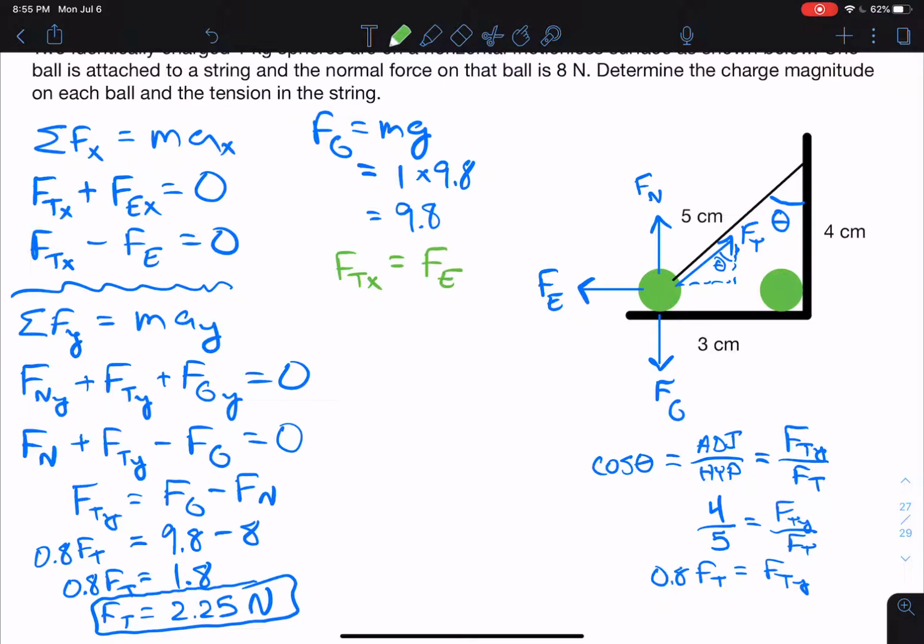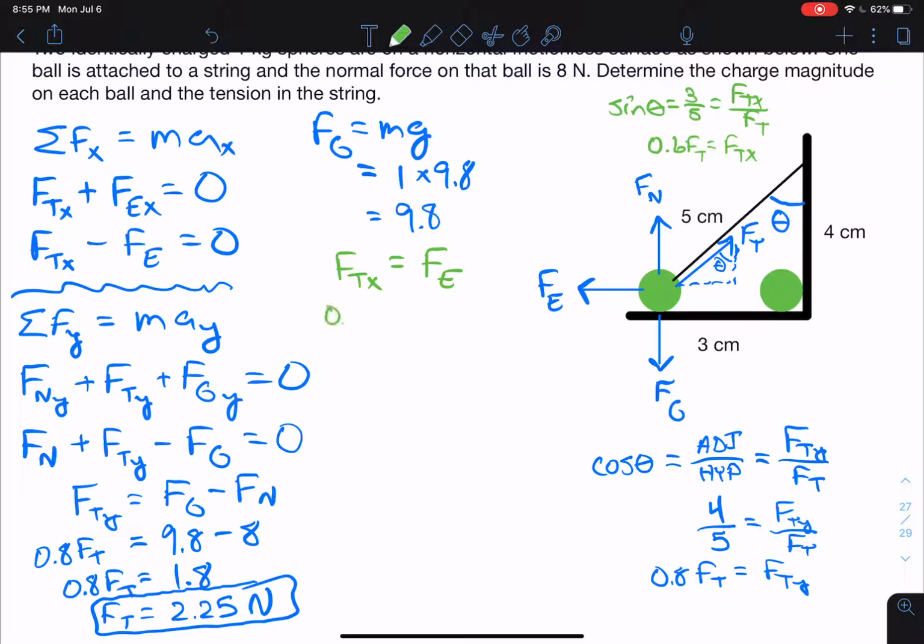Okay. FTx, so for that, I'm going to use the sine function, okay? And so that means sine of theta is going to be the opposite, which is 3 over 5. That has to equal FTx over FT. And so if I solve for that, that's 0.6 FT equals FTx.